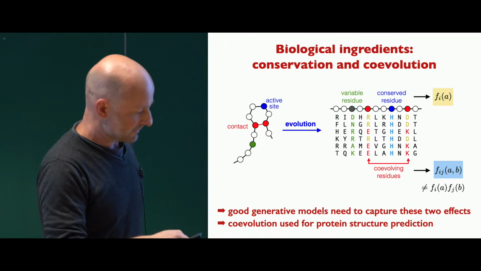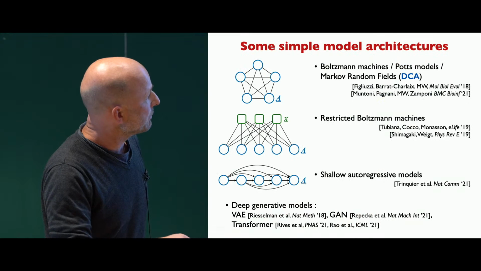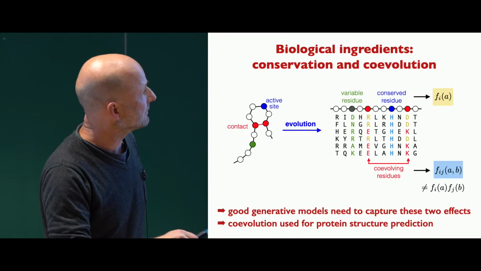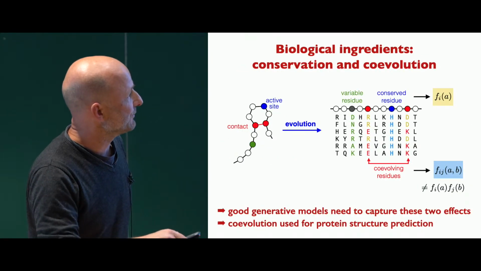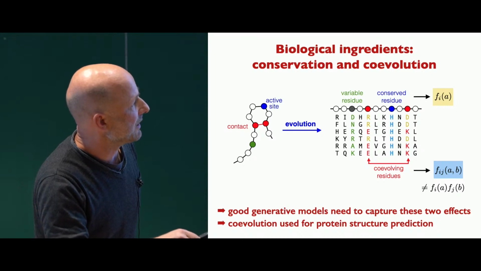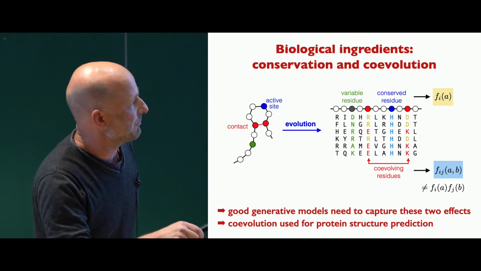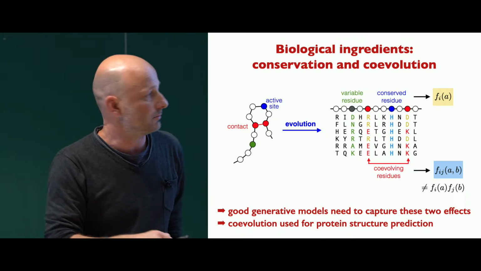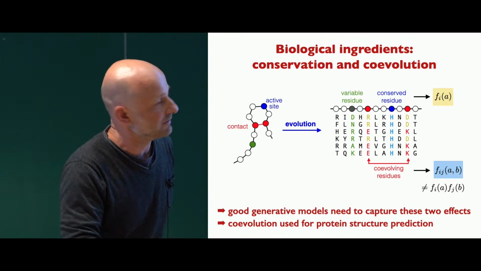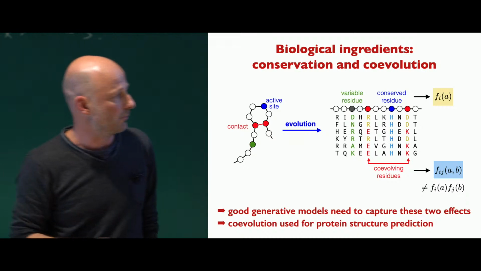This can be statistically captured by just the empirical frequency of amino acids in each column. So this would be 100% histidine in this one, but the others are more mixed.